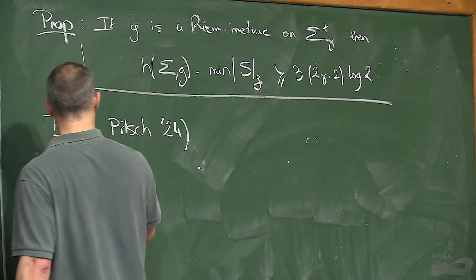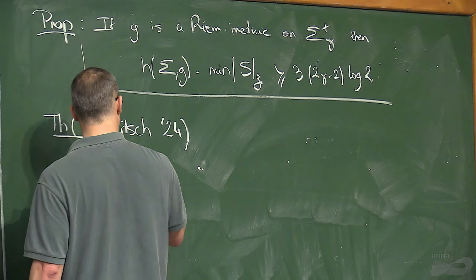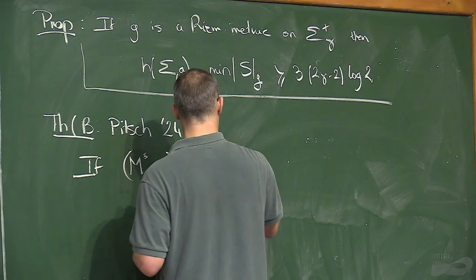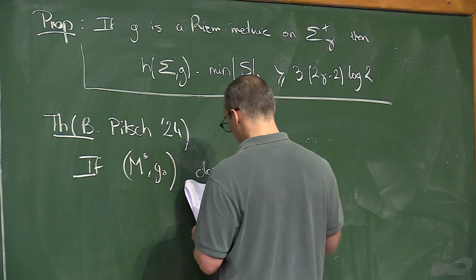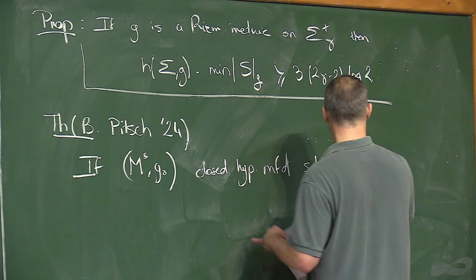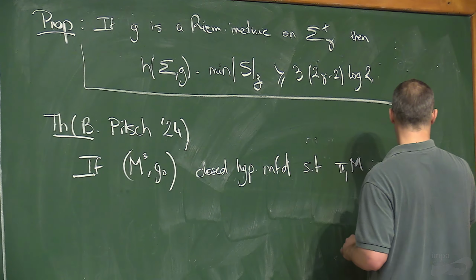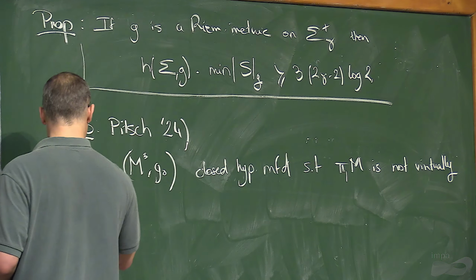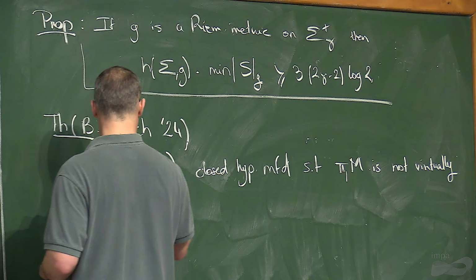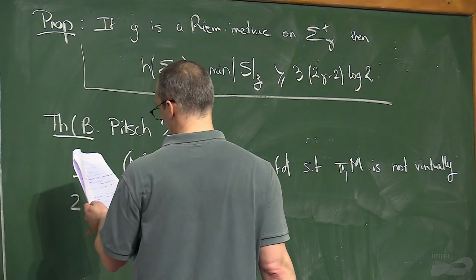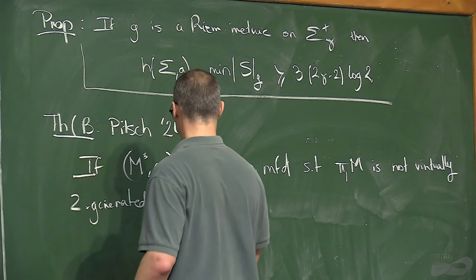Okay, so if M³, g₀ is a closed hyperbolic manifold, and we have some restriction such that the fundamental group is not virtually two-generated, then you have something which looks like this result, which says that, so this is for any Riemannian metric g here.